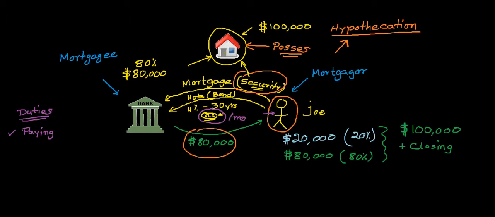This is the first thing. The bank also wants to make sure the property tax, which is yearly or whatever way Joe wants to pay, is paid on time, and that the property maintenance is right.